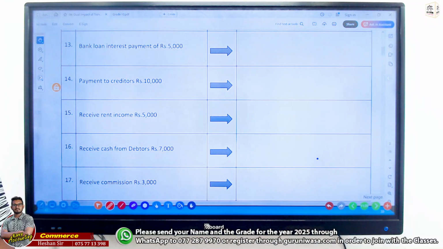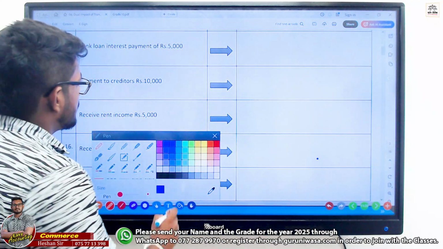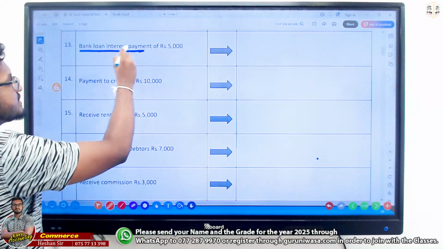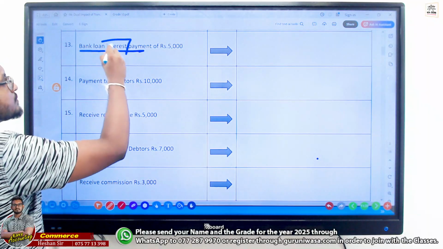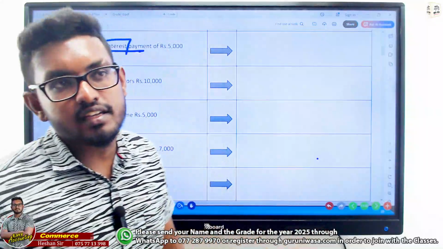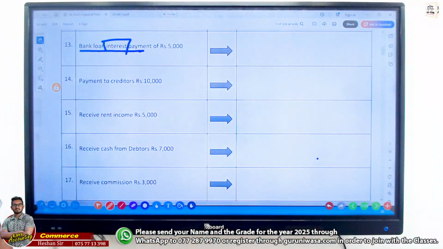Bank loan interest payment. Bank loan is a liability. Bank loan interest is an expense. It is an additional payment, remember I told you, a payment separate from the amount borrowed. Can you remember, guys? It is an expense.